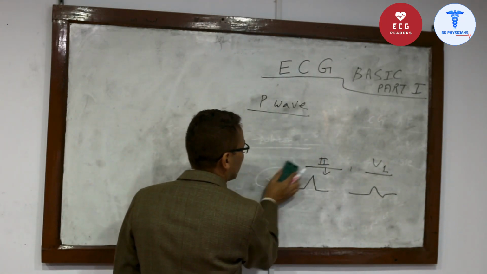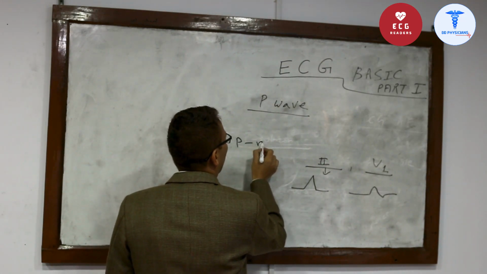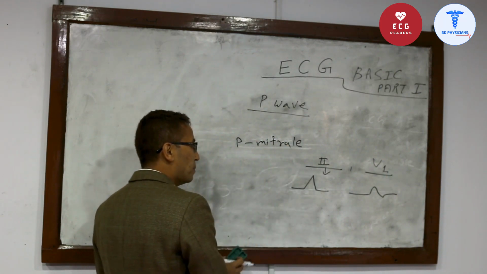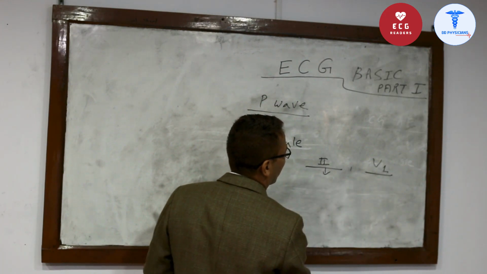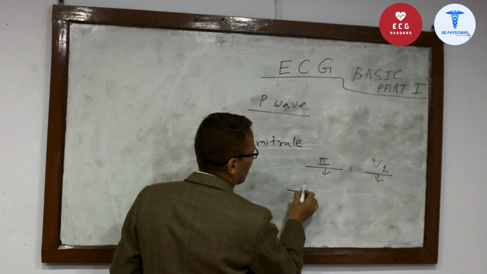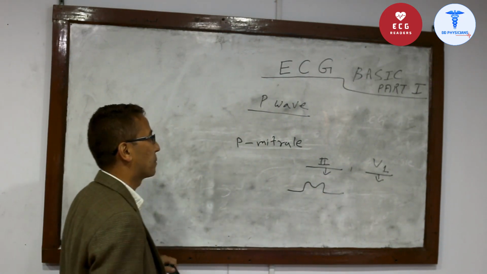Another abnormality of the P wave is P mitrale. This is also better visualized in lead 2 and lead 1. In lead 2, it will look like a bifid P wave, also seen as M-shaped.